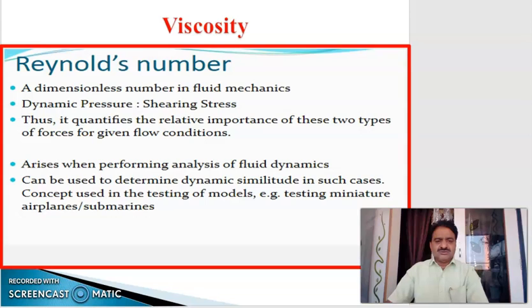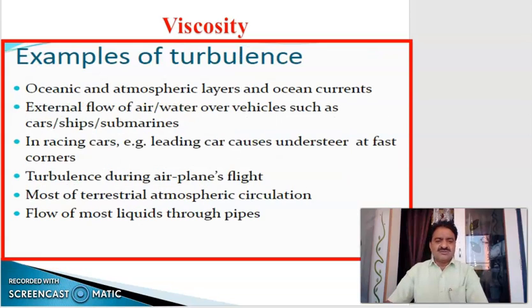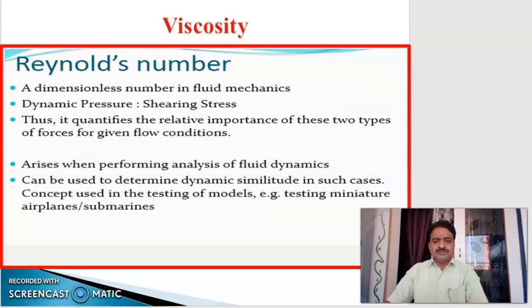Now, we discuss one more concept. Actually, it is not in our syllabus, but for the better understanding of the concept of viscosity, I'll discuss with you another concept, that is Reynolds number. What is Reynolds number? A dimensionless number in fluid mechanics, involving dynamic pressure and shearing stress.